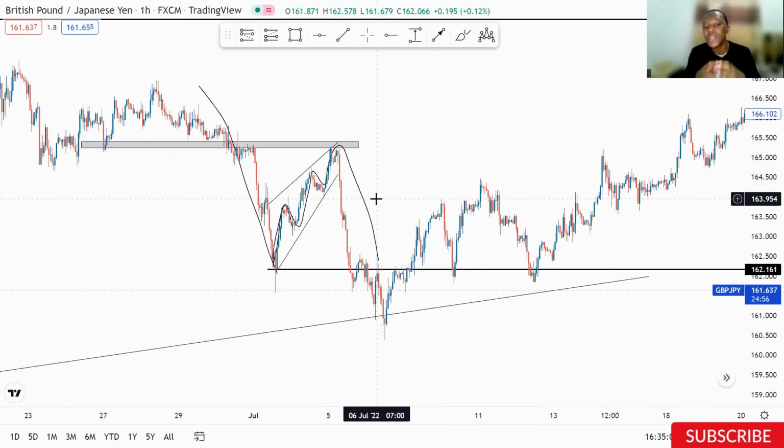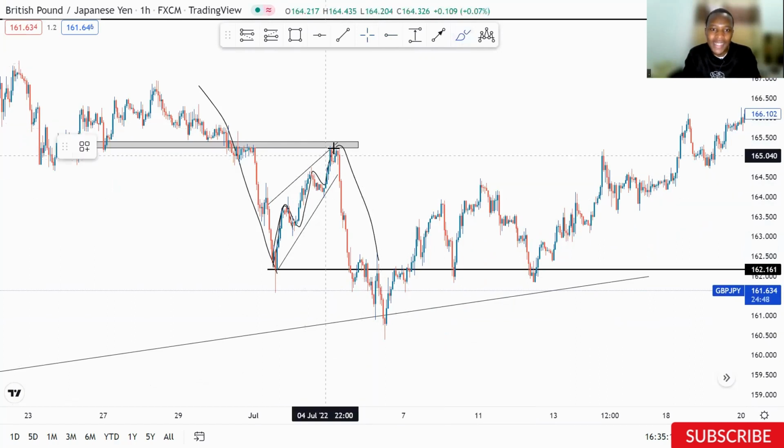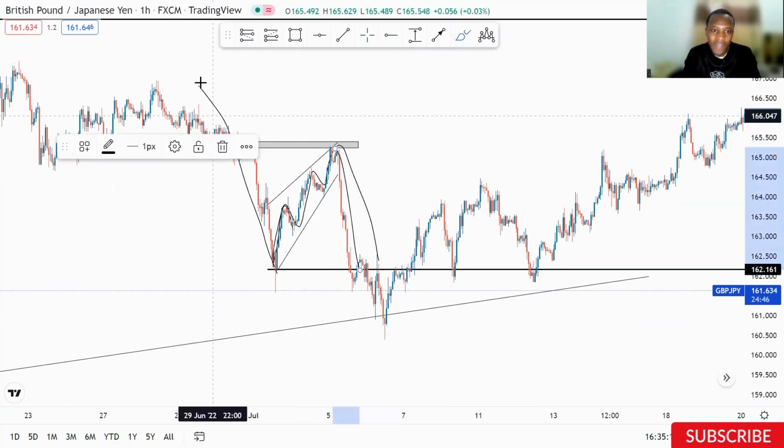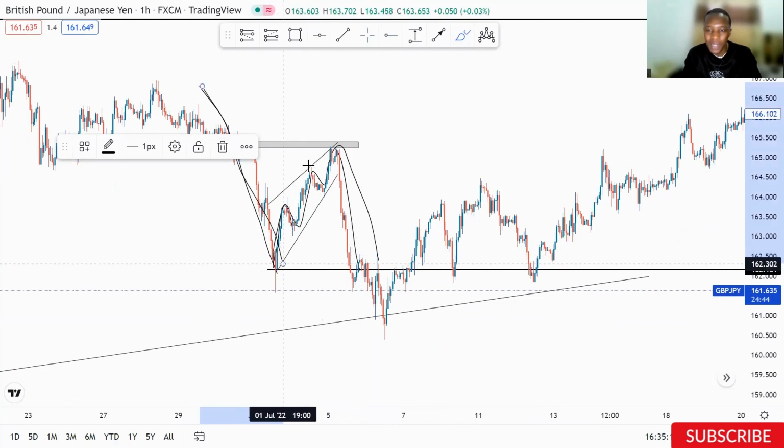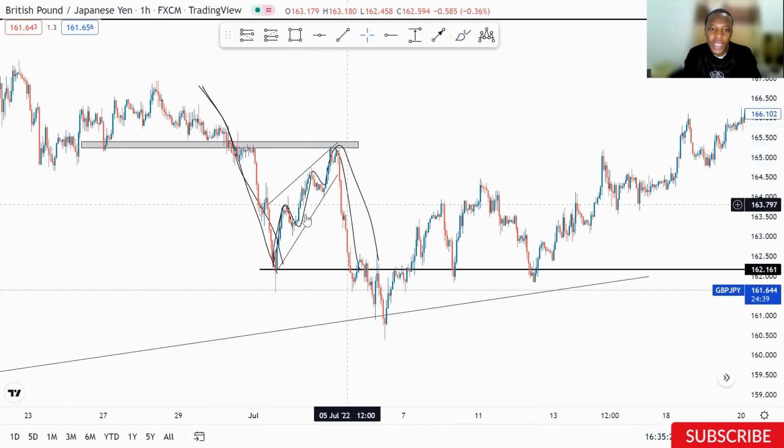And then there is also something that is called the 90% rule, which I think you must have heard somewhere. The 90% rule is based on the fact that the next impulse must cover 90% of the initial impulse, which is your 90% found at the very beginning of that particular pattern, which is this one.